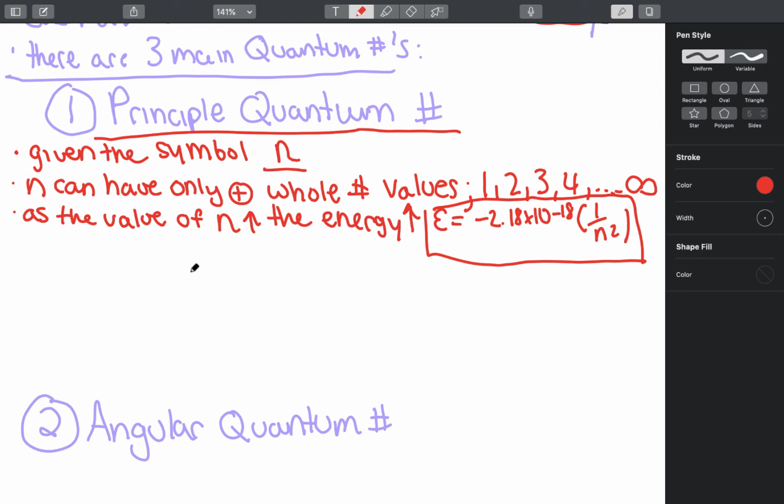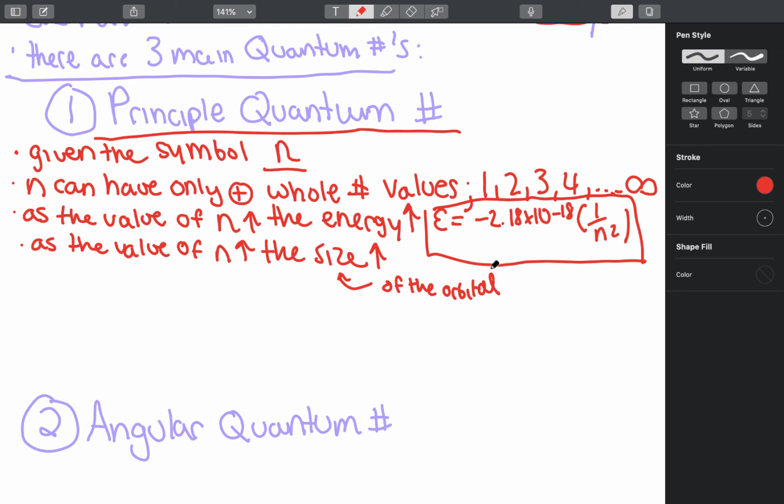So as the value of n increases, the energy increases. But also, as the value of n increases, the size of the orbital increases as well.